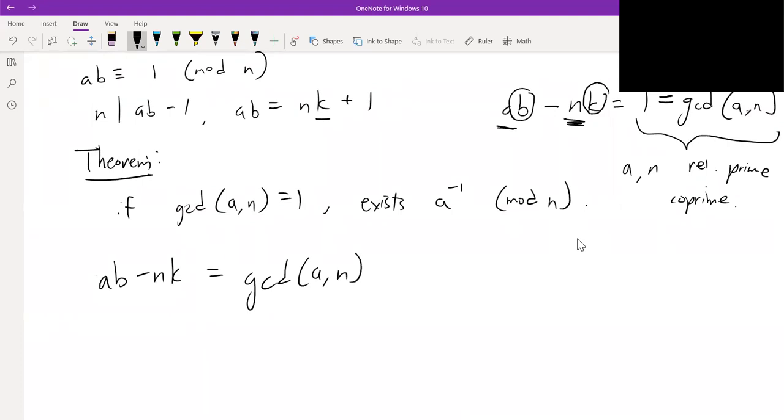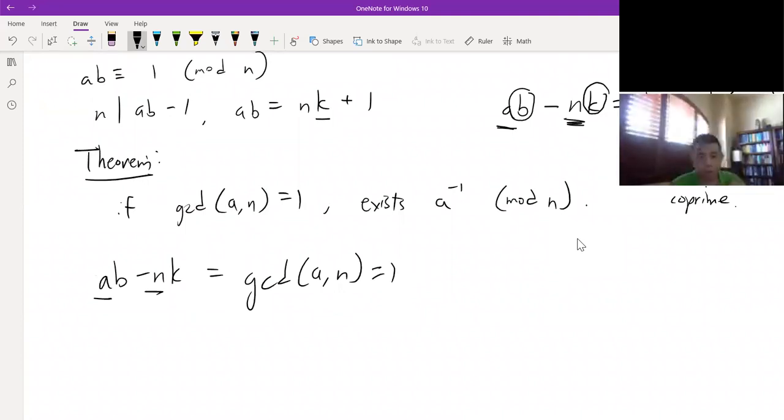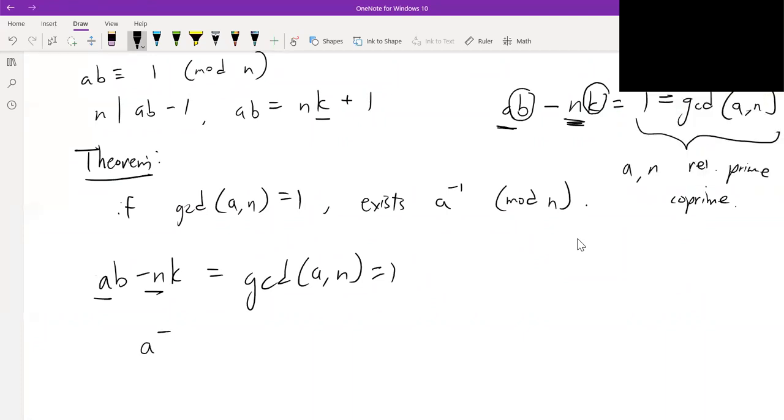If we use the common Euclidean algorithm with the numbers a and n, we start off with a and n and subtract multiples of a and n from each other until we get their GCD, which is equal to 1. We can reverse that and find the coefficients on a and n, which would be b and k. Finding that b would allow us to find what the inverse is, because of how we define the problem. I explained this in more detail in our introductory lecture.